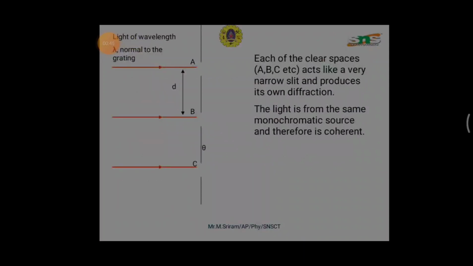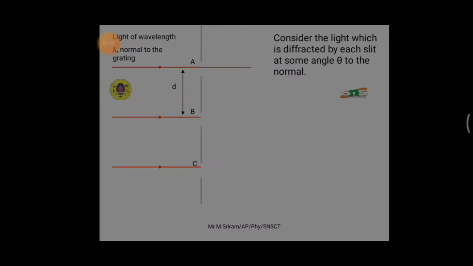Light of wavelength lambda falls normal to the grating, so each clear space acts like a very narrow slit and produces its own diffraction. The light is from the same monochromatic source and therefore it is coherent. Consider light diffracted by each slit at the same angle theta to the normal.